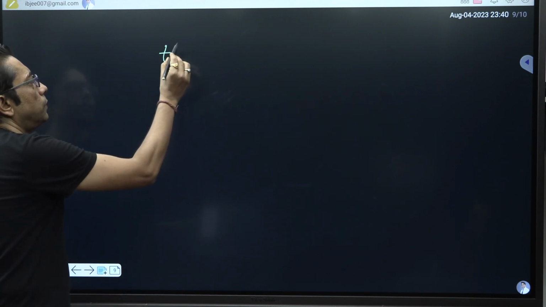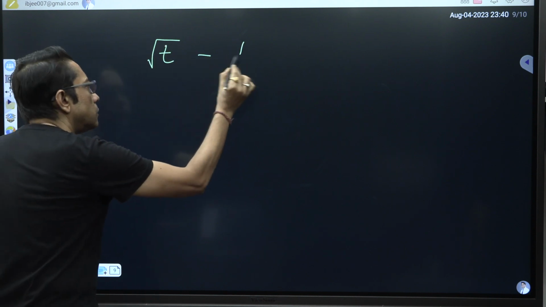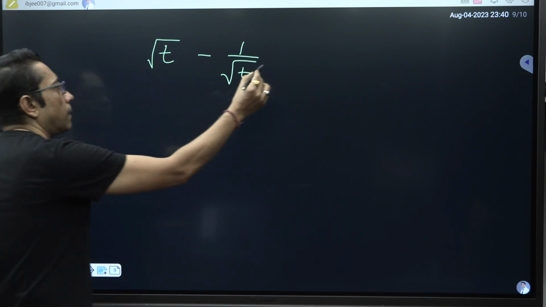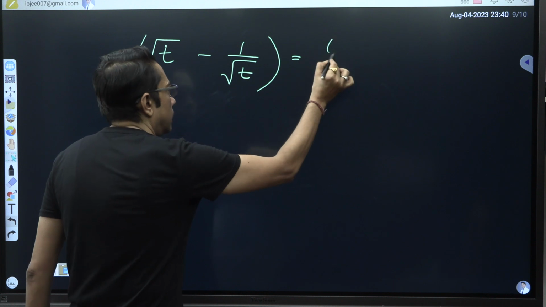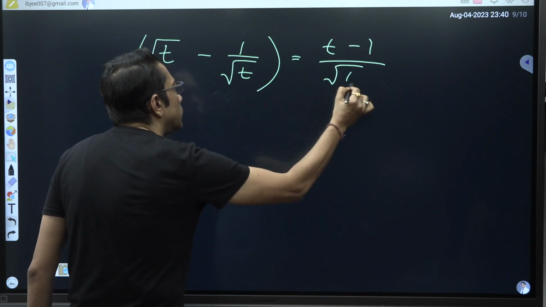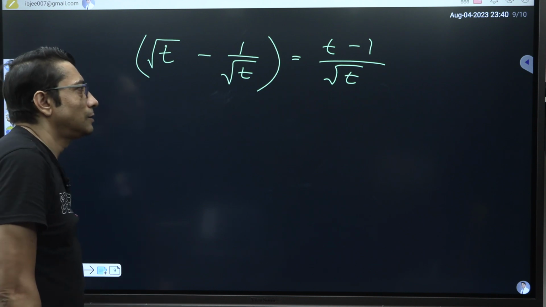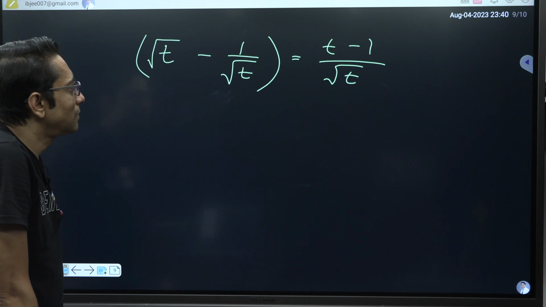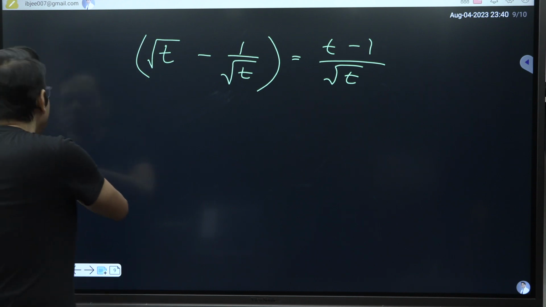What is t to the power... root t, 1 by root t. Do you understand this part? Tell me, Rohan. Then it's not a problem.